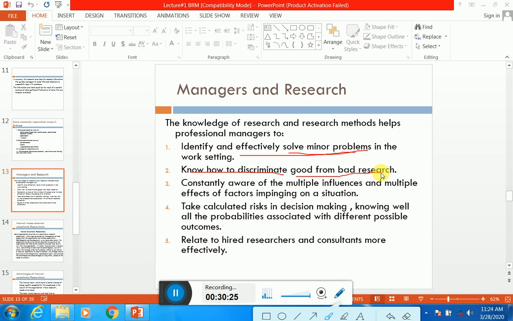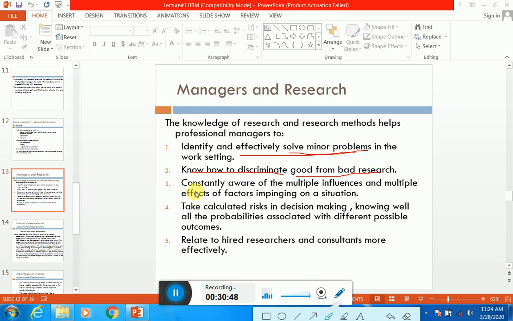When managers have the capability to find out which methodology is more appropriate in what type of situation, they would be able to make a difference between good and bad research on the basis of the evidence of methodologies and findings.